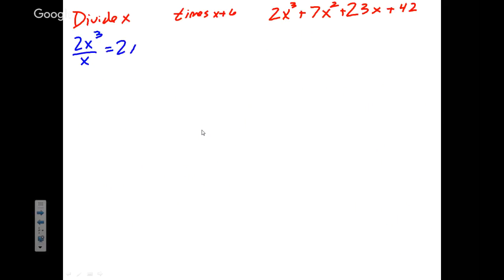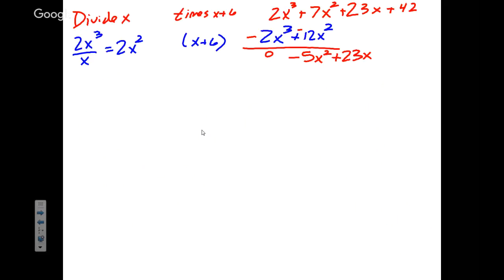I get 2x squared times x plus 6 gives me 2x to the third plus 12x squared. Switch signs. I get 0 and negative 5x squared. Bring down the next thing and start over.